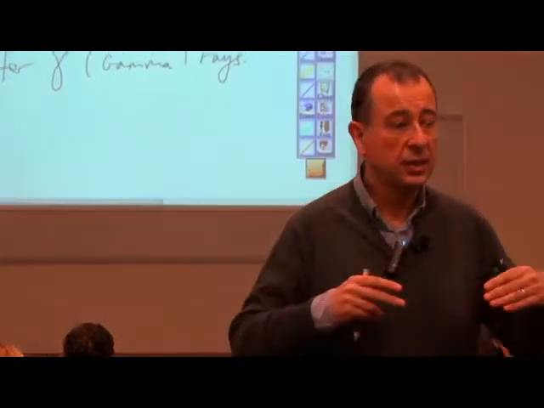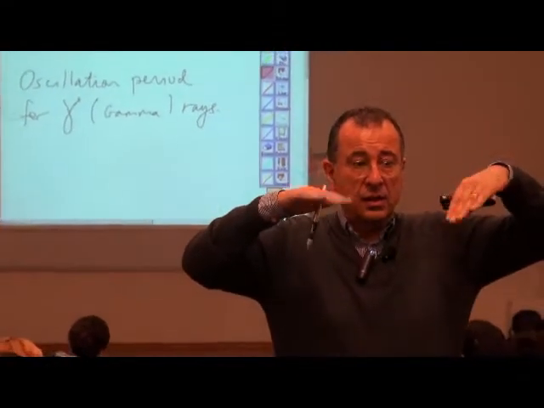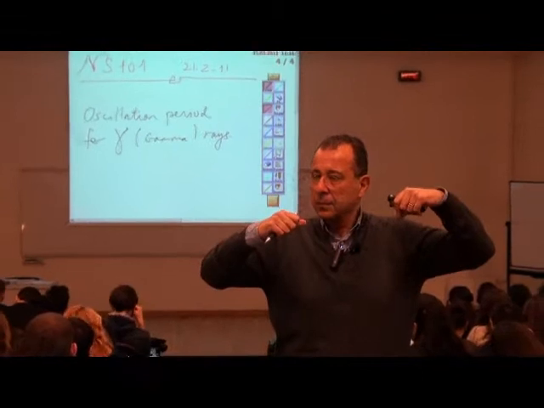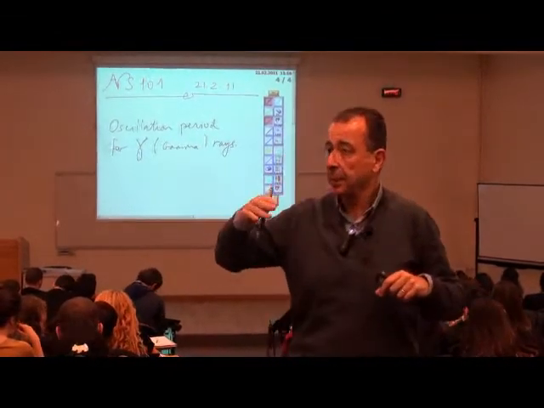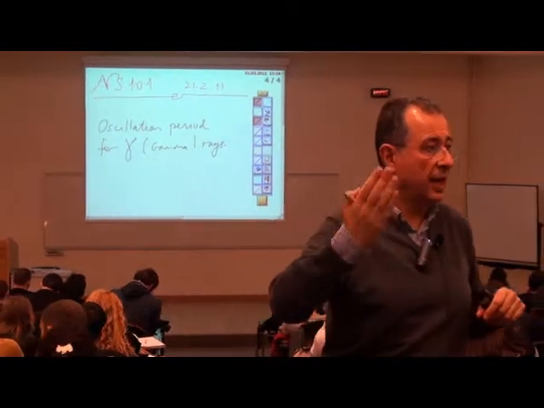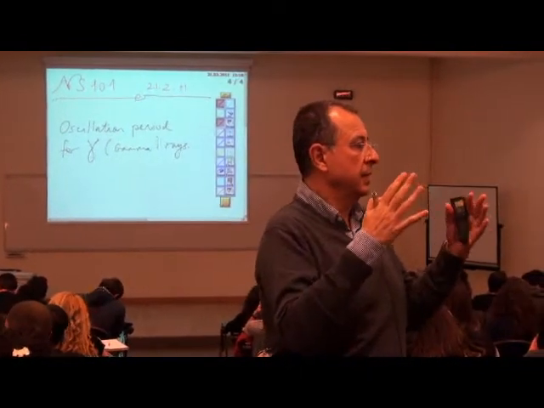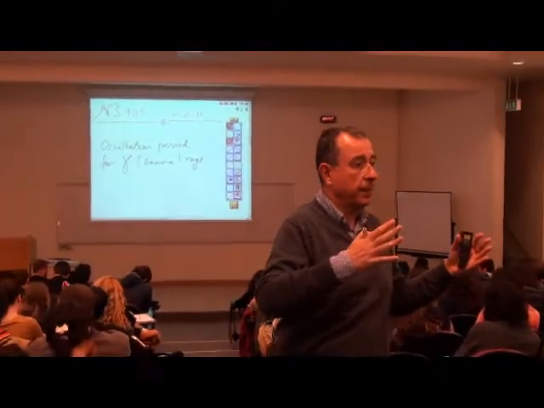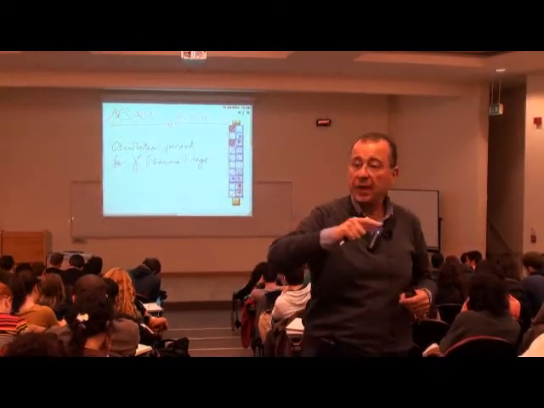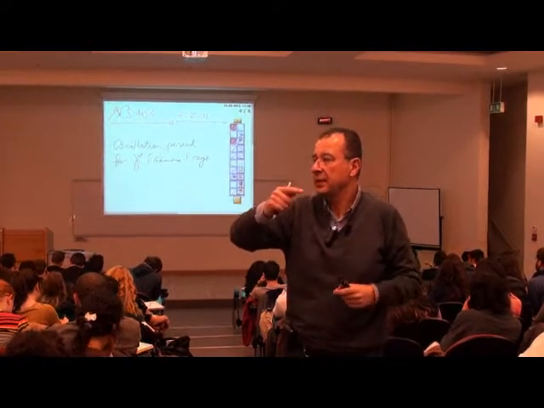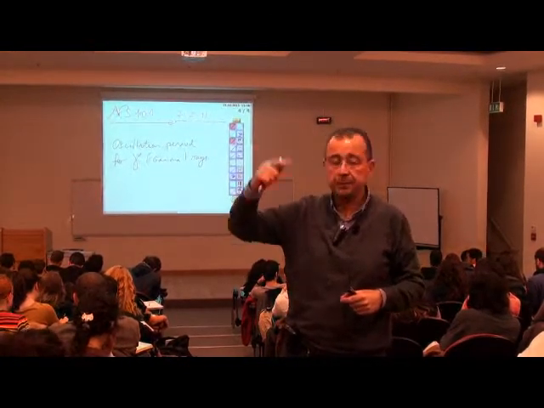Electromagnetic radiation is just oscillating, positive, zero, negative, changing signs, voltages, electric and magnetic effects that move as waves. Okay, so it's a wave, so it has a period. It goes up and down like that.